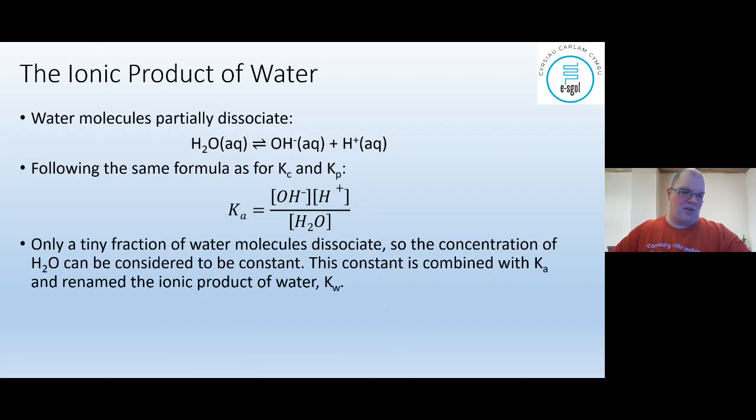But because only a tiny fraction of the water molecules dissociate, the concentration of H2O is considered to be constant. We combine this constant with the value of Ka from this equation, and we end up with a new expression to calculate something called the ionic product of water, which is a nice simplified Kw equals concentration of OH minus multiplied by concentration of H plus.